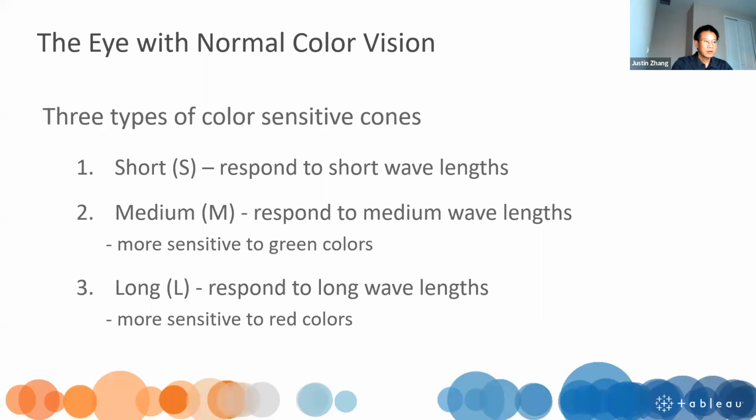For people with regular color vision, their eyes have 3 types of cones: short, medium, and long. Each type of cone responds to different wavelengths. The medium cones are more sensitive to green colors, and the long cones are more sensitive to red colors.